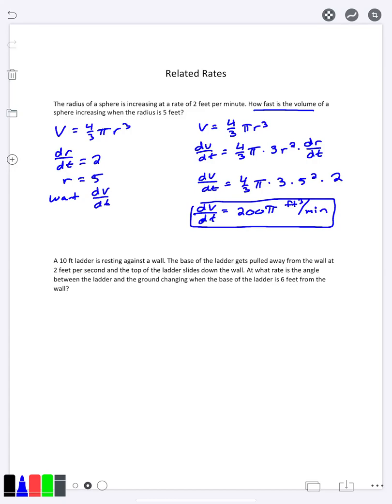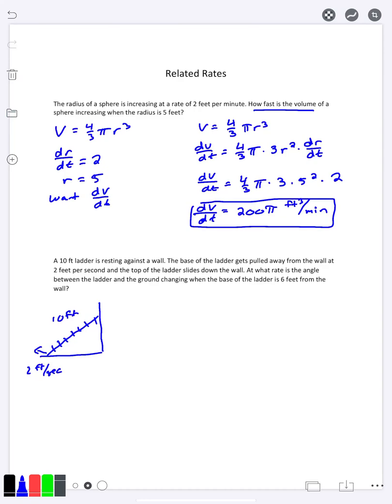Okay, so this next one says that we have a 10-foot ladder resting against a wall. So I'll try to draw a little picture here. We got this ladder here, and we know the ladder is 10 feet long. And now that we know it's 10 feet long, we know that it is being pulled away from the edge, and it's being pulled away at a rate of 2 feet per second.